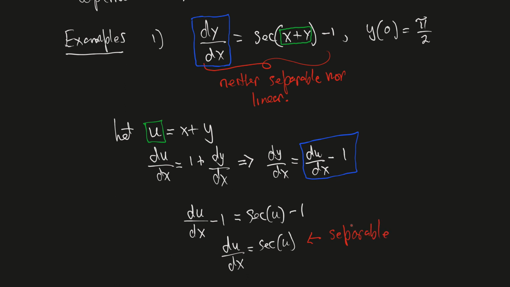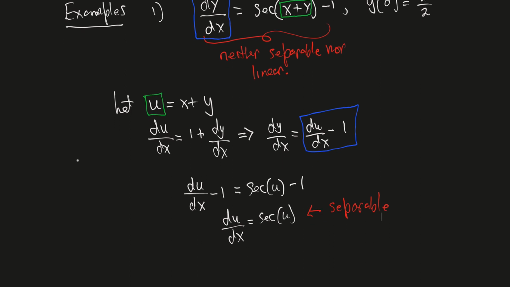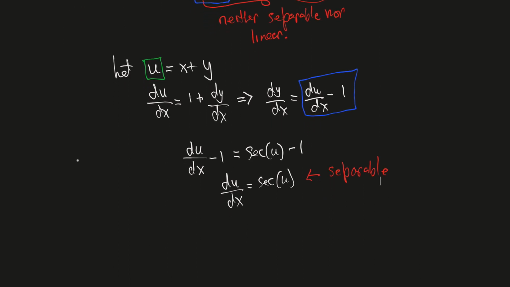And the whole idea of this process is that once your differential equation is of that form where you can identify an inner function where it's essentially a linear function in terms of x and y, this type of substitution will always make it separable, right? Now, it doesn't always mean that the algebra and the calculus will be easy. That depends on the function, but we will always be able to separate the variables.